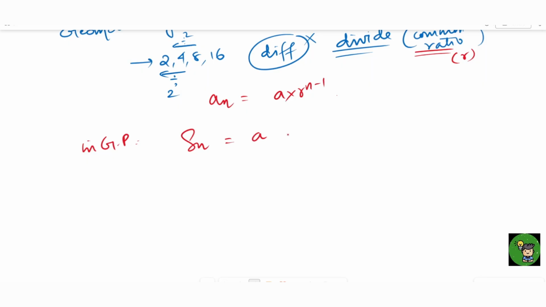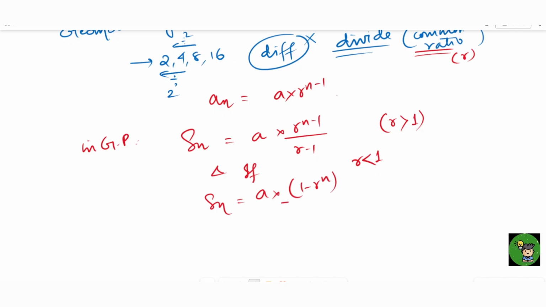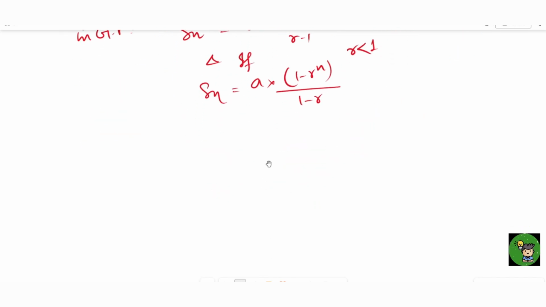It is equal to A into (R^n minus 1) by (R minus 1), where R is greater than 1. And if R is less than 1, the sum of n terms becomes A into (1 minus R^n) by (1 minus R). Hope you understood, because sometimes we will get the common ratio in fraction also.